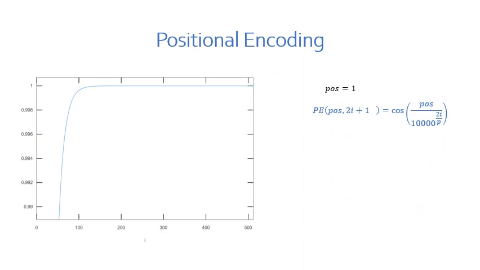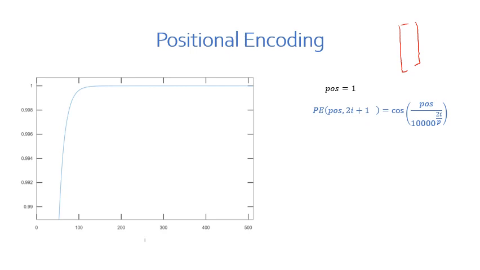Okay. So that was for the case that I fixed the dimension of the vector, and I showed you the function across position. But if I fix position and show you the behavior of the function across different dimensions, that's how it looks like.